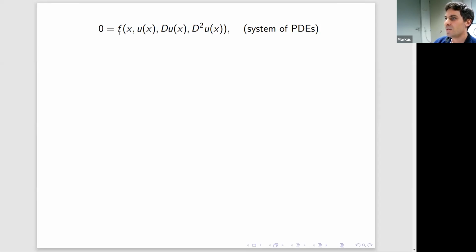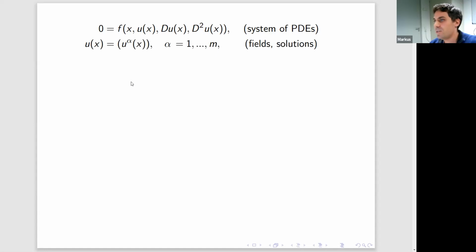So the differential equation or the system of PDEs in my talk will always be denoted by such a function f. And then, of course, u of x is a solution, and then you have the derivatives of the function u and second derivatives. So I only consider second order systems here, which should be enough for the talk.